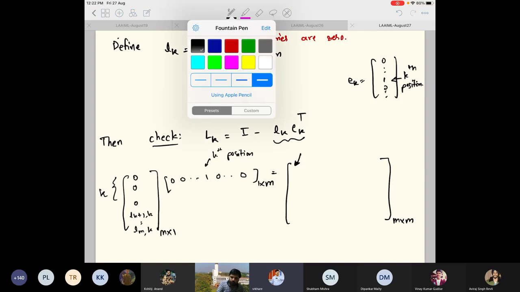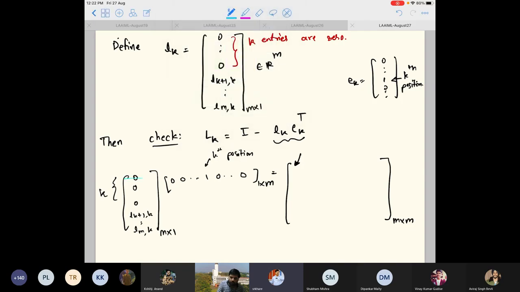First row here into first column here. So what is this entry? 0. Then first row here and second column here. That is the entry. Then kth row here and kth column here.